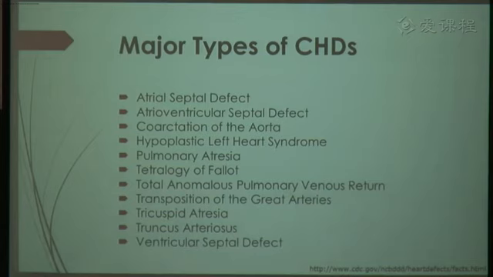There are too many types here, but in this class I just want to introduce 3 of them: the coarctation of the aorta, the pulmonary atresia, and the ventricular septal defect.